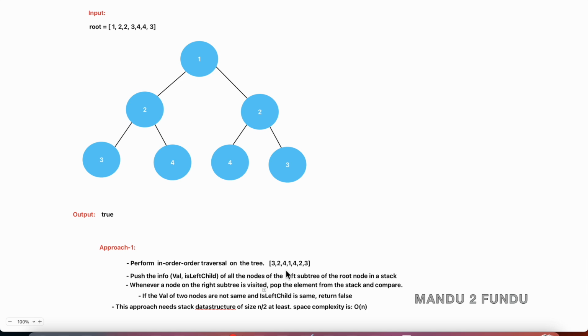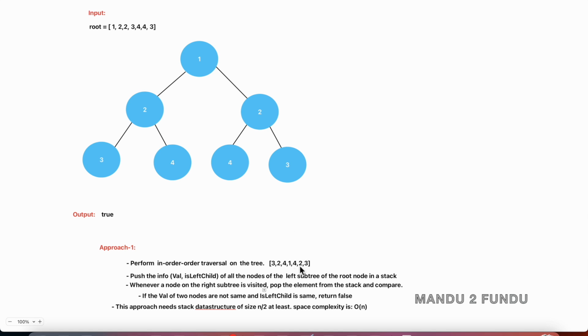Okay, so we can use a stack. When we process the left child of this root, we keep pushing that onto the stack. When we enter the right subtree of the root during the in-order traversal, we can pop from the stack and see whether the current element during the traversal is matching.